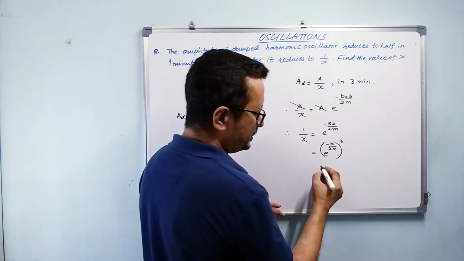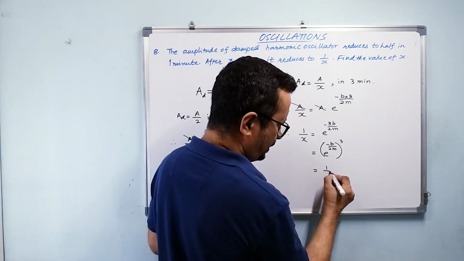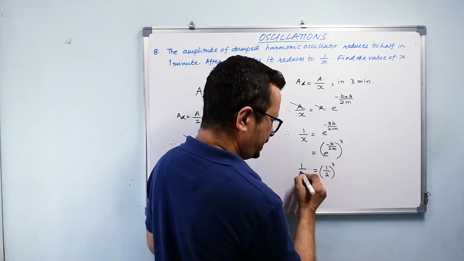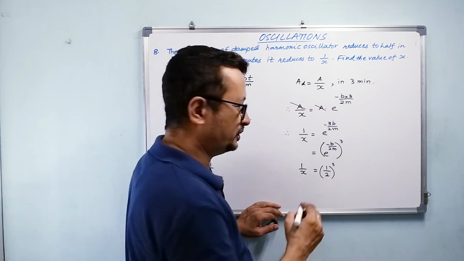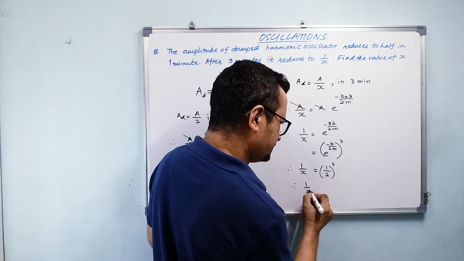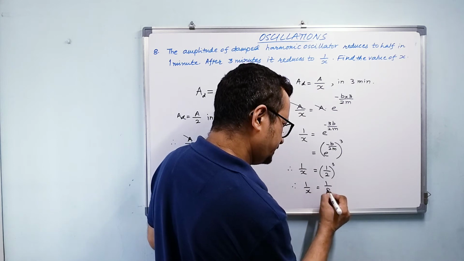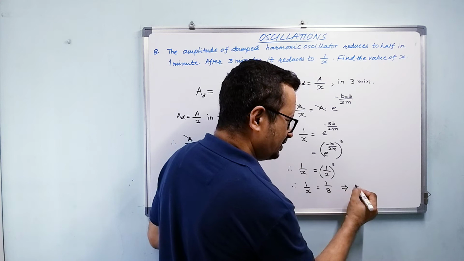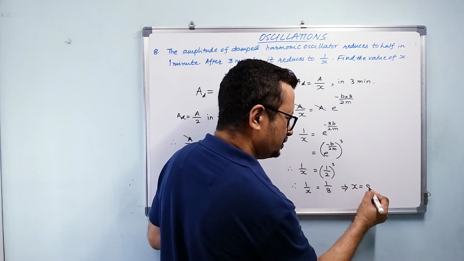So I substitute this as half cube. So 1 upon x is equal to half cube. So that means 1 upon x is equal to 1 upon 8, and that means my x is equal to 8.